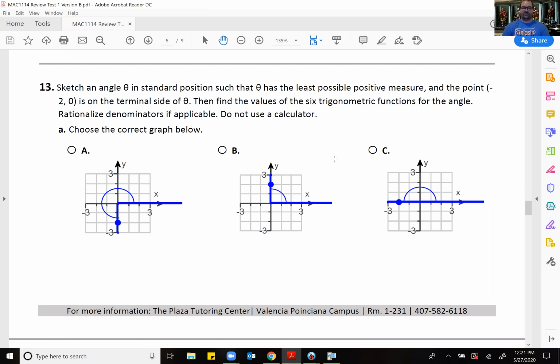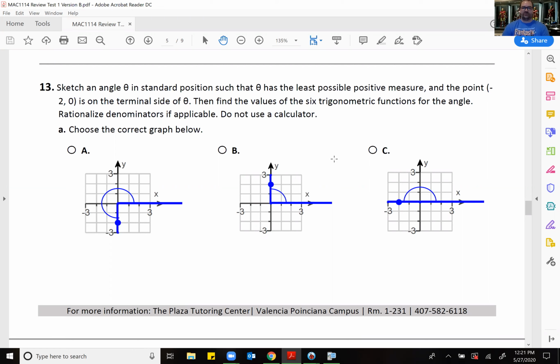It's like the Pythagorean theorem. So all you got to do is plug in. We want to know what is the answer if we take -2, square it, add it with 0 squared. And when all is said and done in your calculator, you find out that the radius is 2.